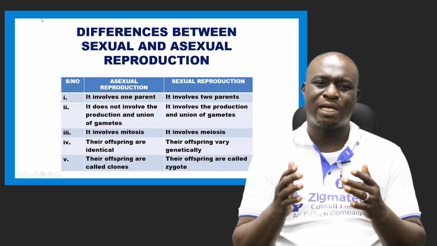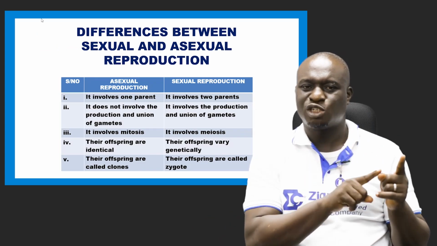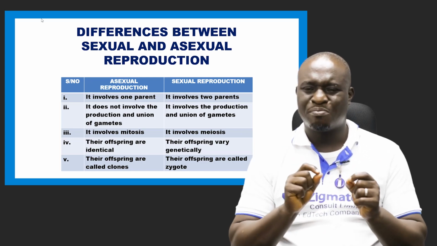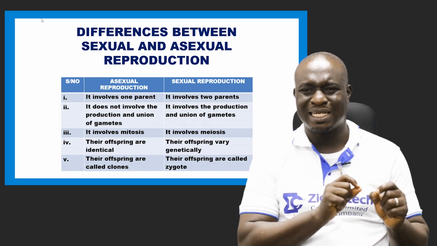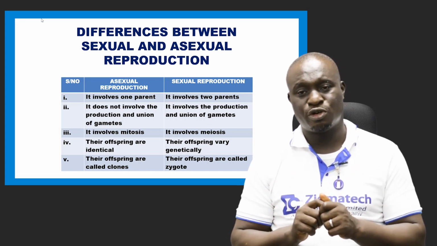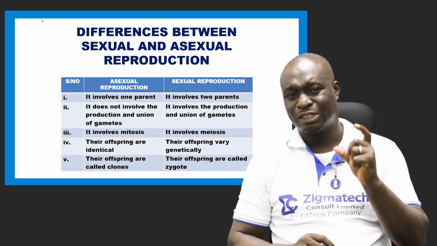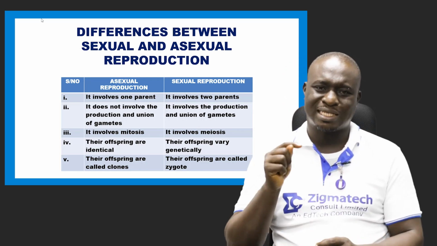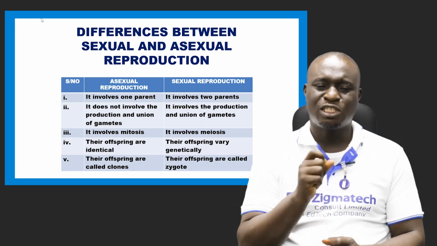Now, we have come to the end of sexual and asexual reproduction. We're not done, but what are some important differences between sexual and asexual reproduction? If you were paying attention, I told you some important facts on sexual as well as asexual reproduction. Let's look at some of them.